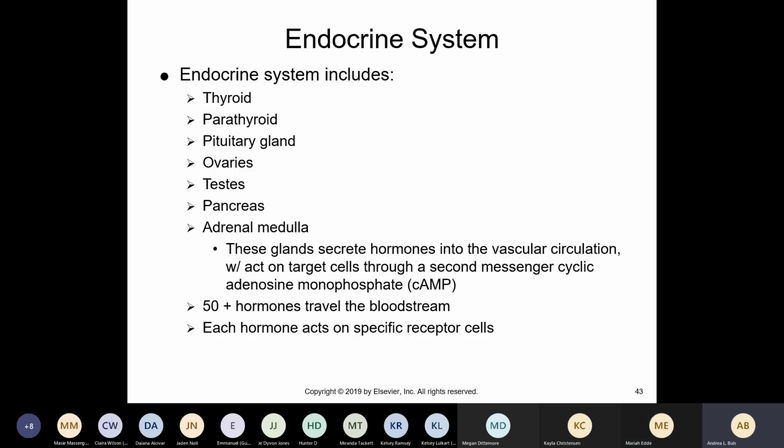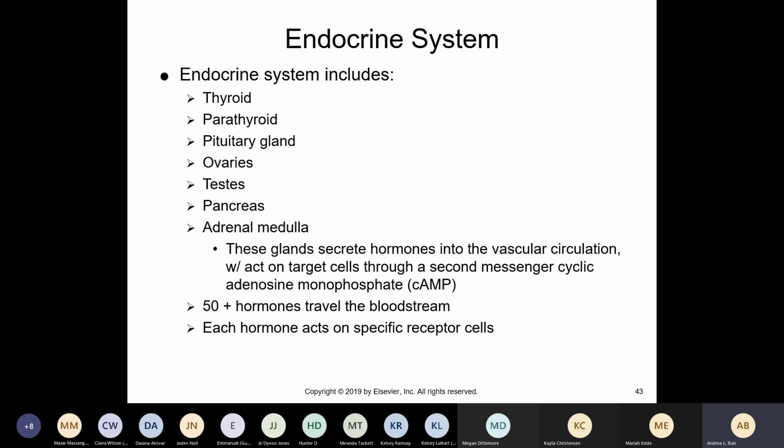Oh wait, endocrine system. We've touched on some of these. So the endocrine system is made up of the thyroid, the parathyroid, the pituitary gland, the ovaries, the testes, the pancreas, the adrenal medulla. All of these glands that I just listed secrete hormones. And those hormones are specific to certain areas of the body, like the thyroid, for instance. It secretes thyroxine, and it is important in our metabolism.